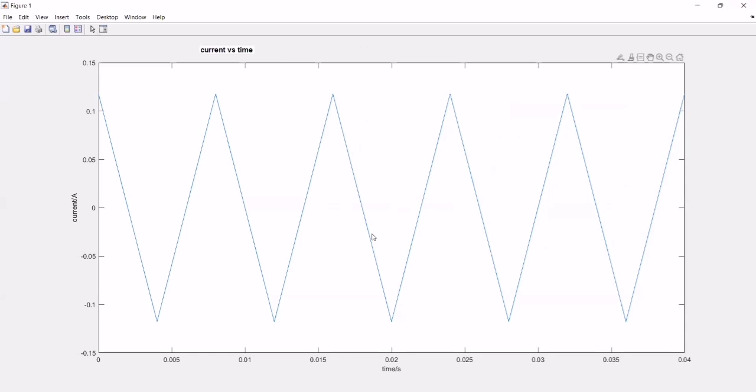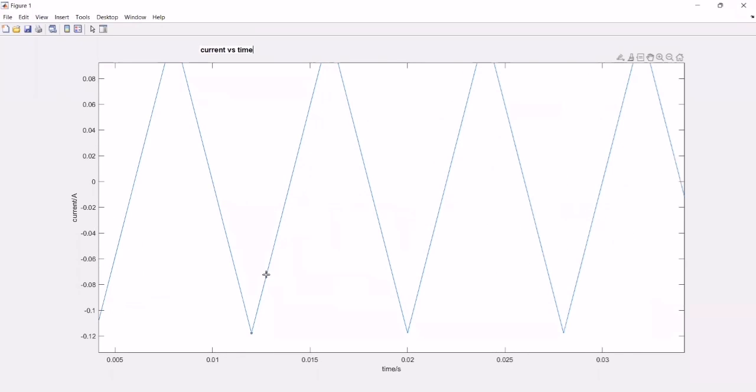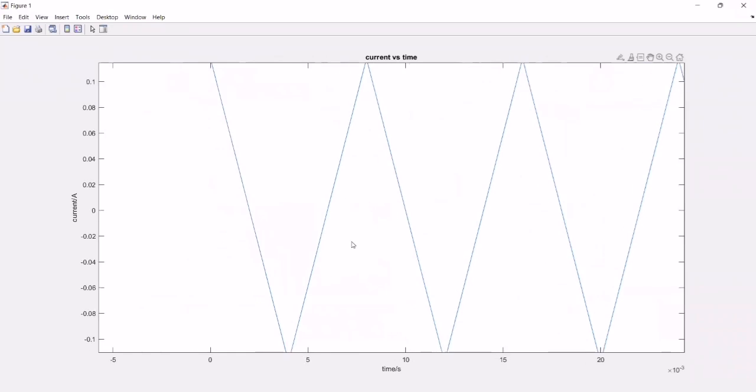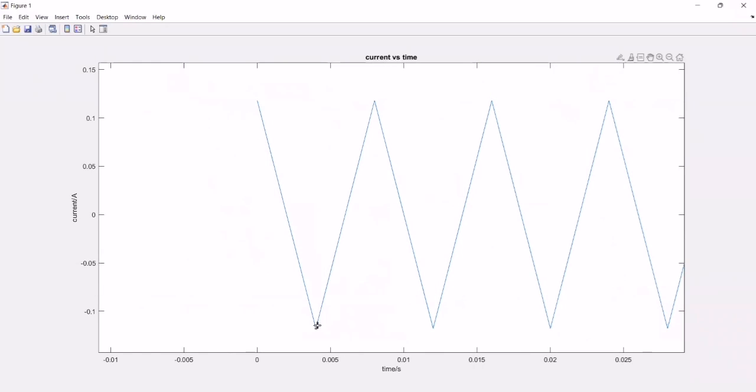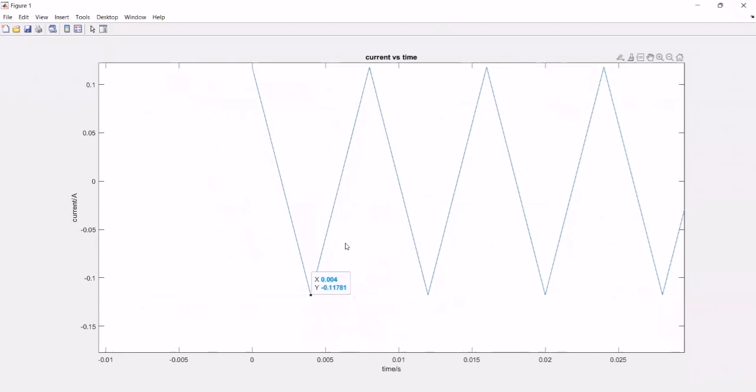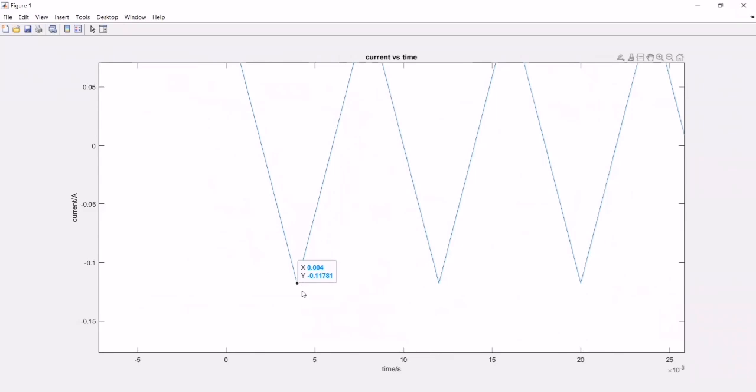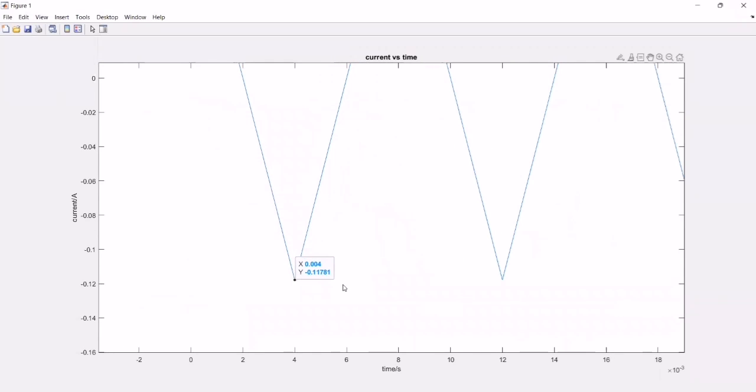The question also wants us to calculate the current value at time 4 millisecond. So we must zoom our graph and search for 4 milliseconds, and we got the answer: x at 0.004, y-axis is negative 0.11781, which is the same as our answer in hand calculation. So that we get the true answer. Next question.